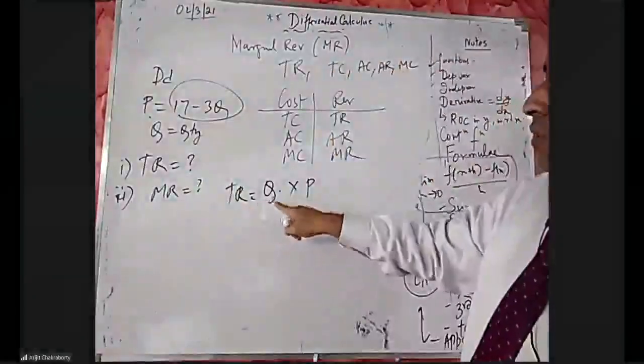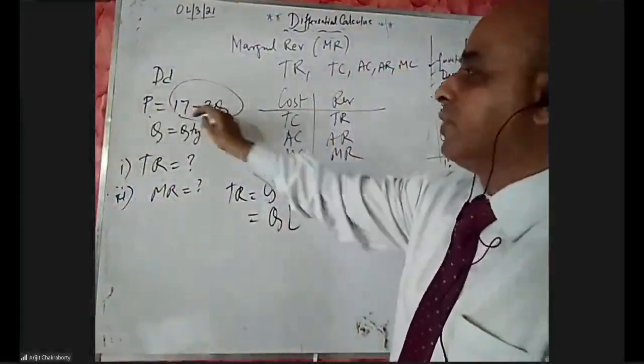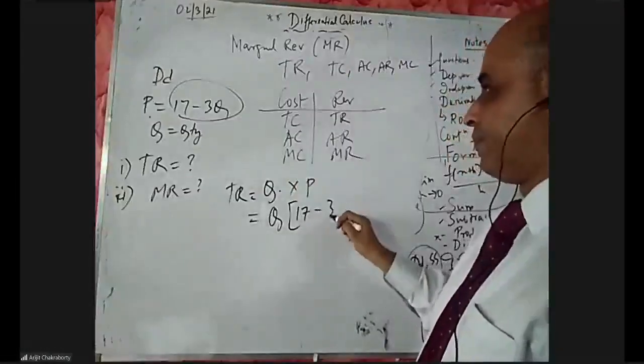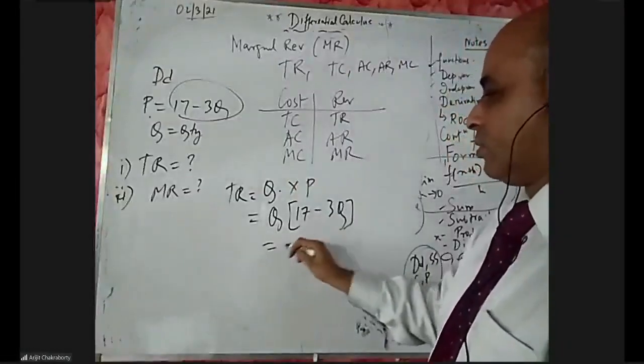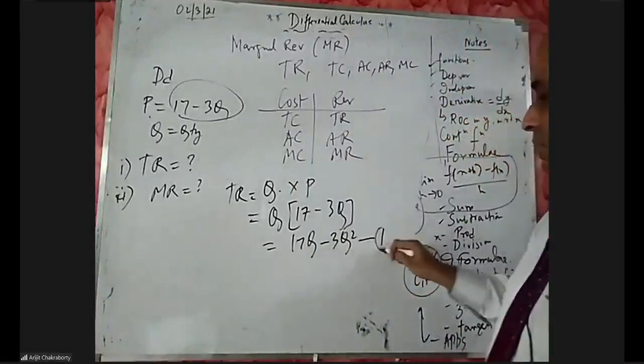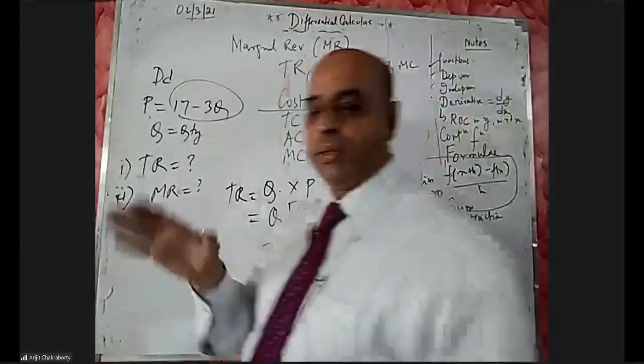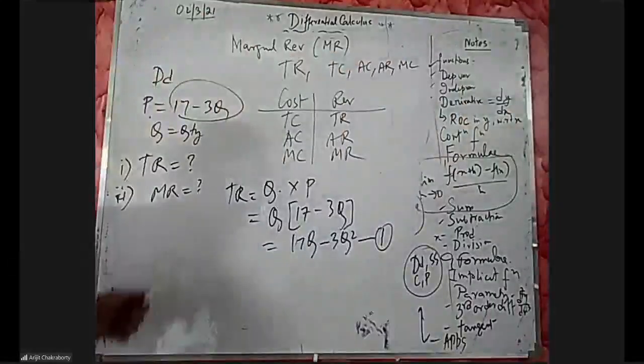So total revenue is equal to Q into P. That means Q multiplied by 17 minus 3Q. And this is equal to 17Q minus 3Q square. So this is answer number 1. 17Q minus 3Q square will be the total revenue of this firm.